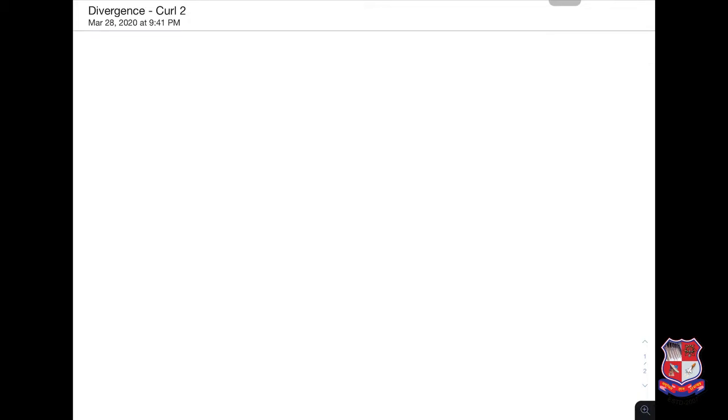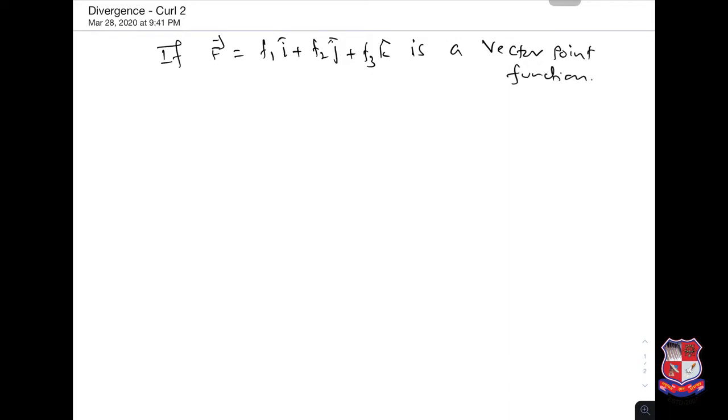So yesterday we have learned that if f, which is equal to f1 i plus f2 j plus f3 k, is a vector function, and of course it should be differentiable also, then divergence of f is del dot f.